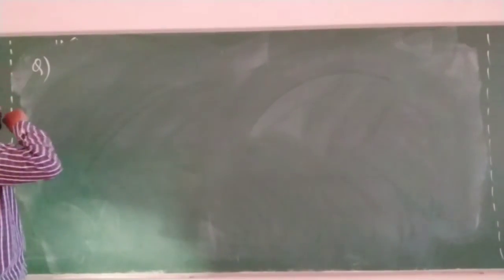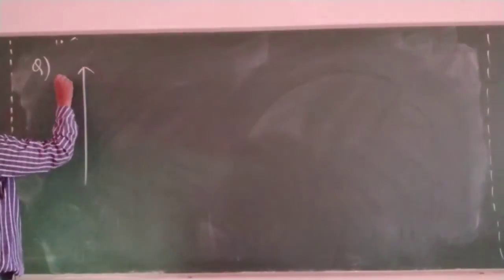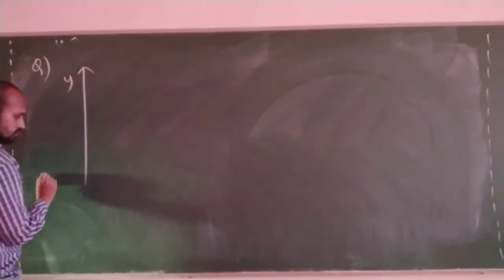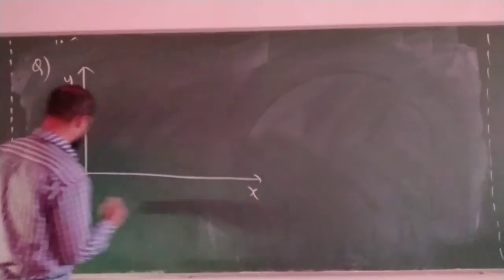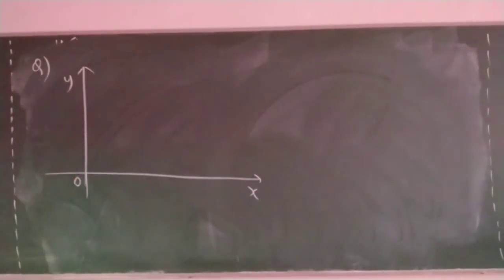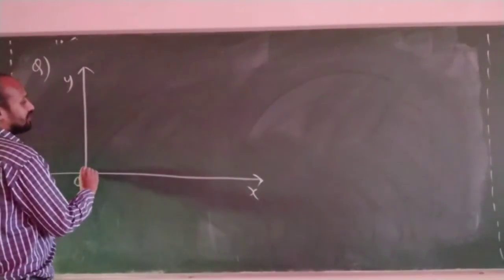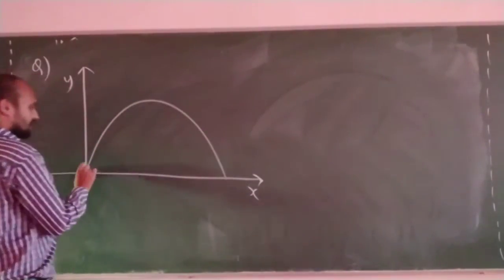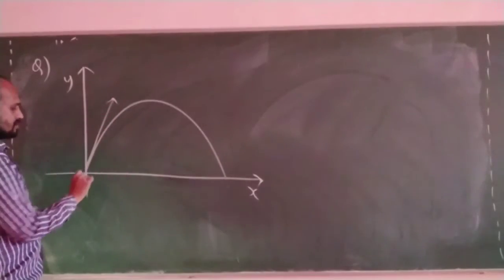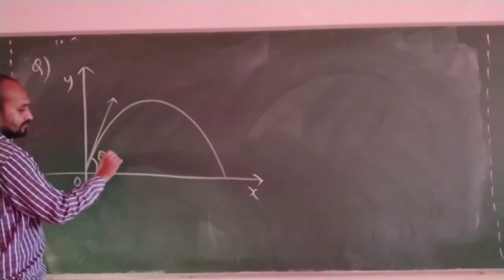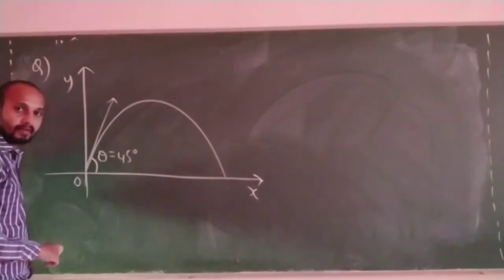See here, one question we have. One projectile motion is there. They have not given initial velocity, but they have given angle theta, 45 degree.